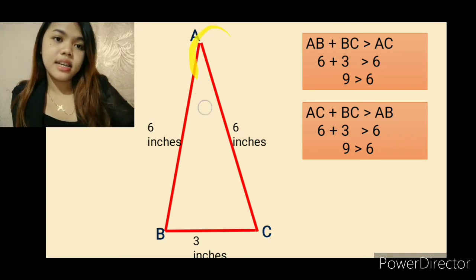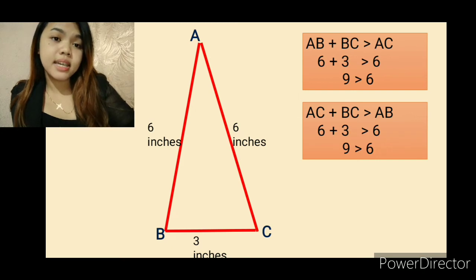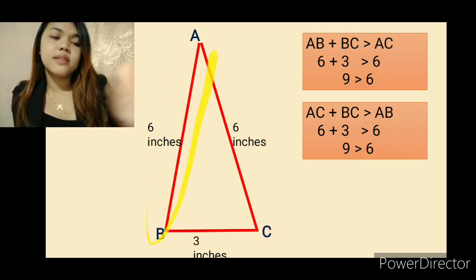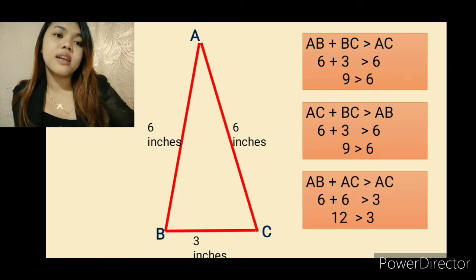Next, we have AC plus BC is greater than AB. AC is 6, BC is 3, and AB is 6. So 6 plus 3 is equal to 9, and 9 is greater than 6, which is correct.